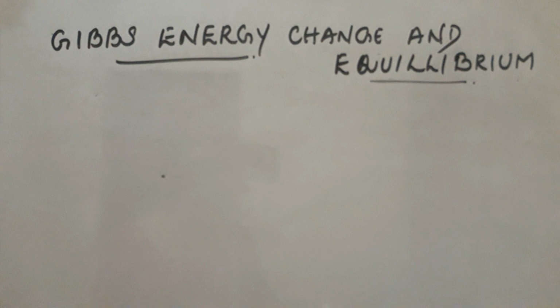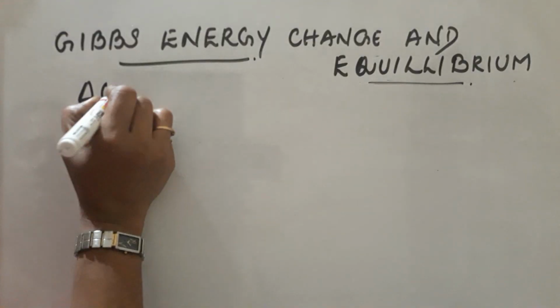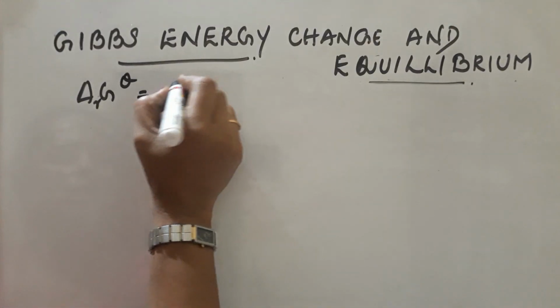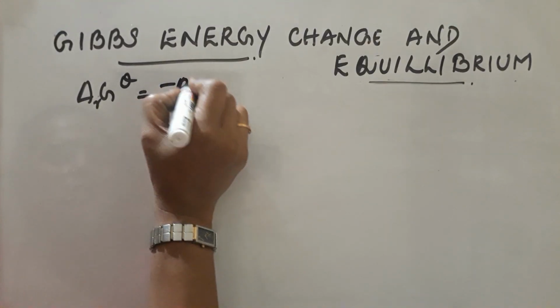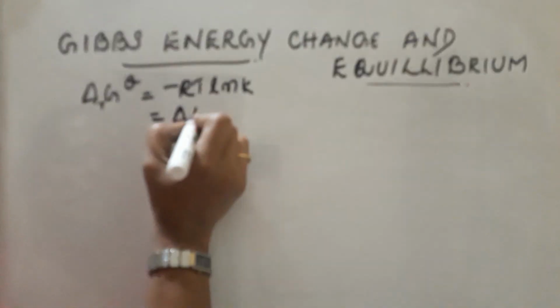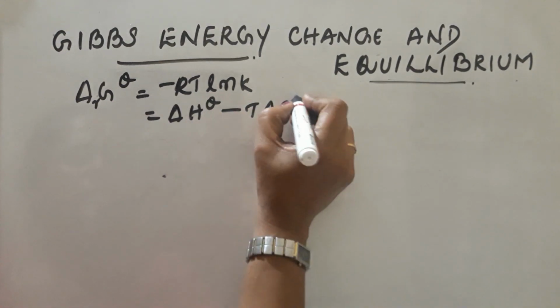So we know delta G standard equals minus RT ln K, which is also equal to delta H standard minus T delta S standard.